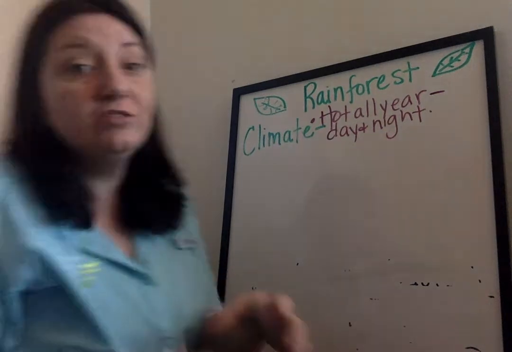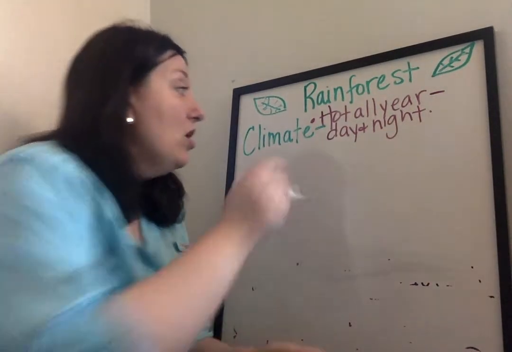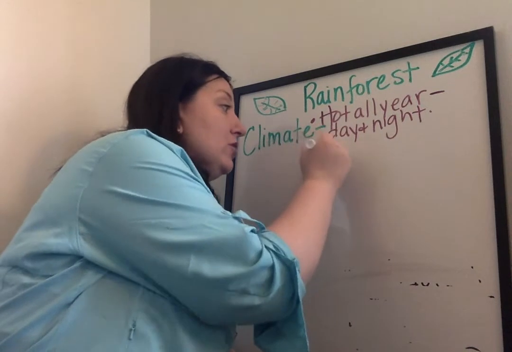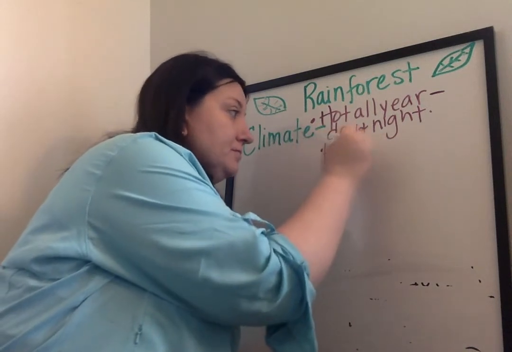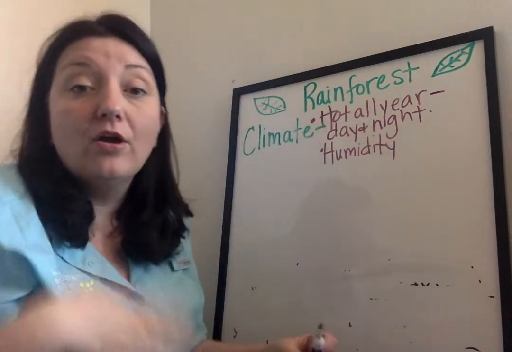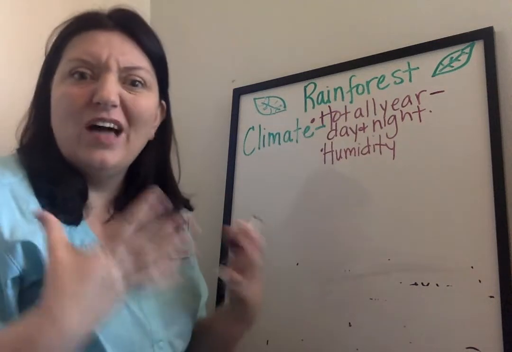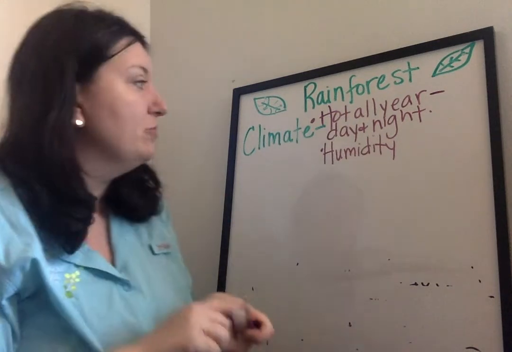And in our summers, there's always a lot of moisture in the air. We call moisture in the air humidity. There's a lot of water vapor in the air. When you go outside and take a breath, you can feel how thick that air is because there's so much water vapor in the air.